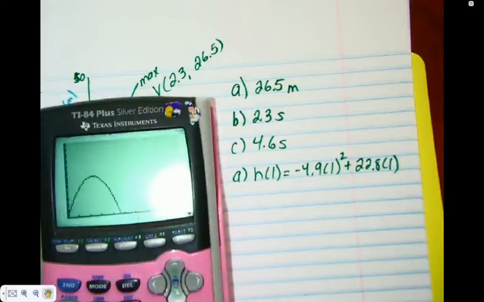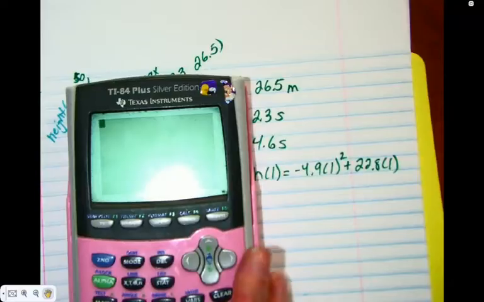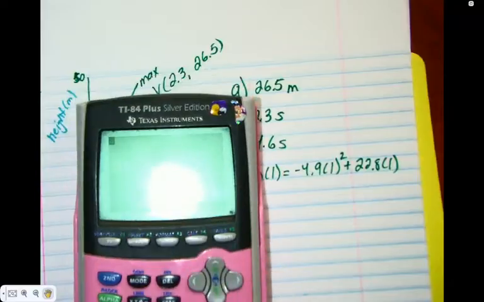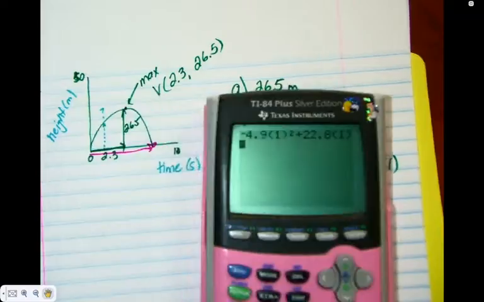And then that's just a straight up calculator question, so I'm going to quit out of the graph and go back to the home screen. I'm going to type in exactly what I see. So negative 4.9, open bracket 1, close bracket, squared, plus 22.8, open bracket 1, close bracket.